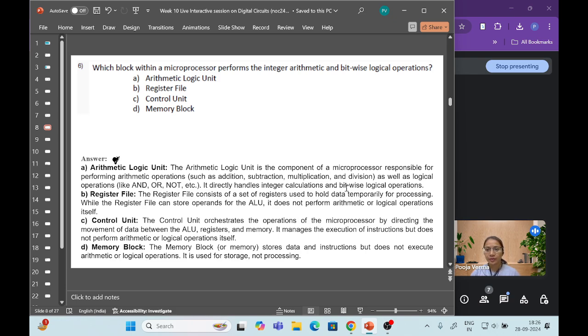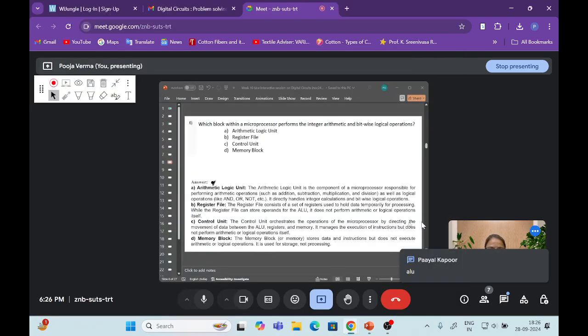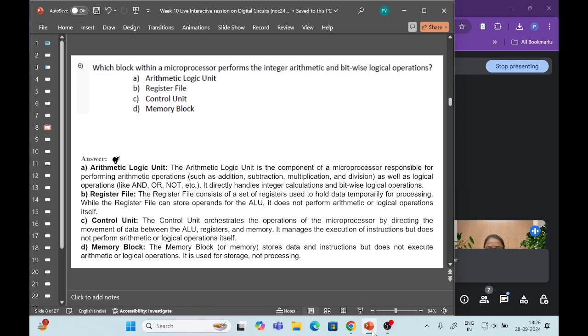So we will go through the options, that is, what is the working of the arithmetic logic unit, register files, control units, and memory block. What actually they do? I have written here. Basically, the arithmetic logic unit is a component in a microprocessor that performs arithmetic and logical operations.